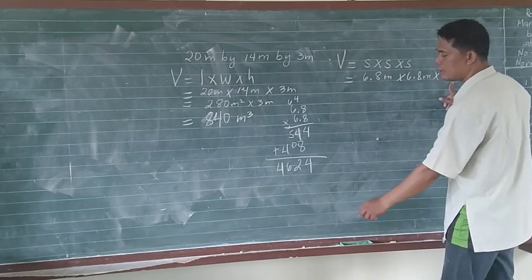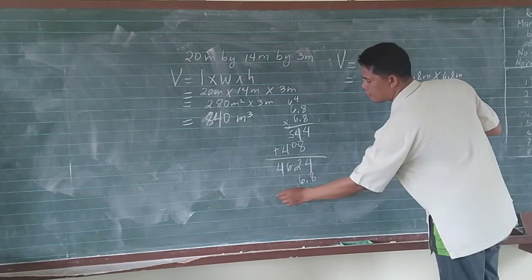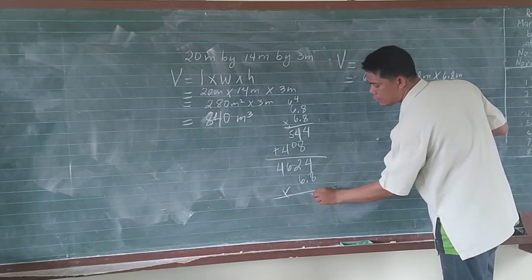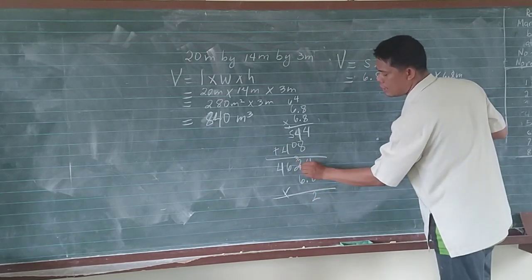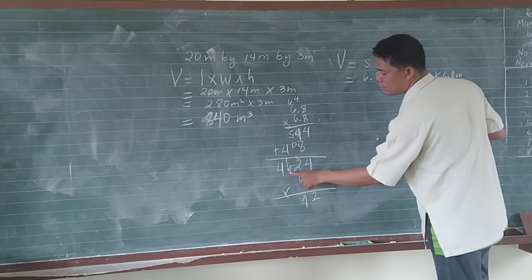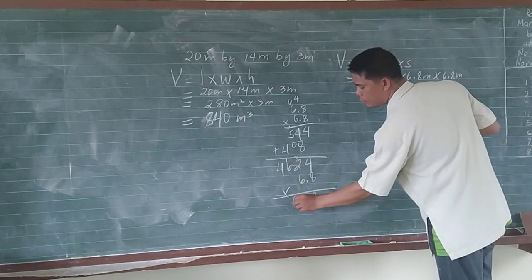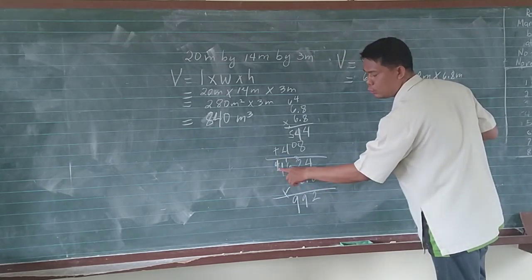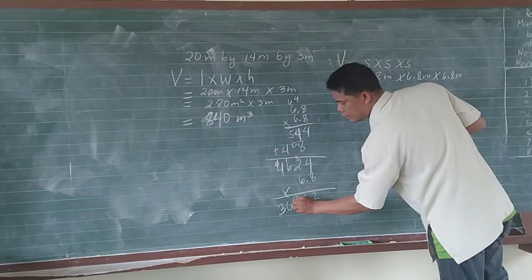Then multiply again by 6.8. So we have 8 times 4 equals 32, carry 3. 8 times 3 equals 16 plus 3 equals 19, carry up 1. 8 times 6 equals 48 plus 1 equals 49, carry up 4. 8 times 4 equals 32 plus 4 equals 36.